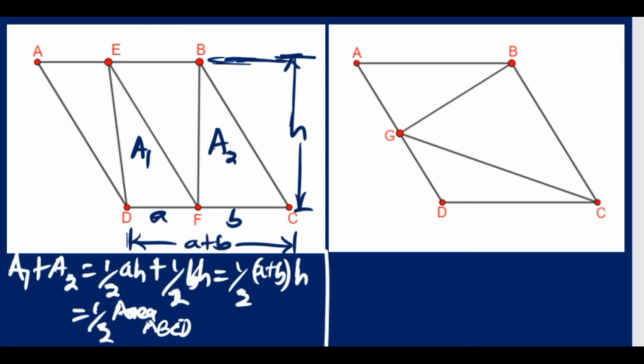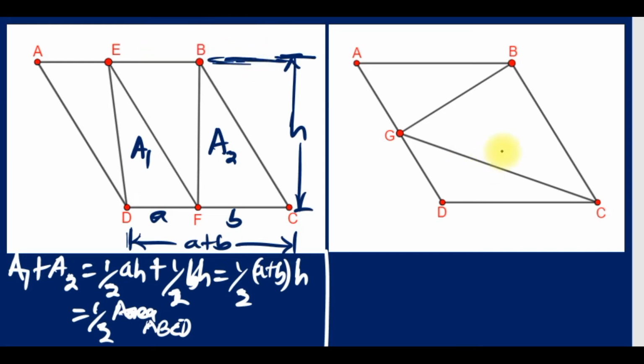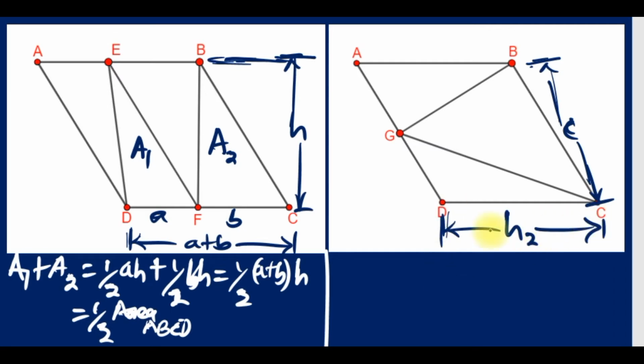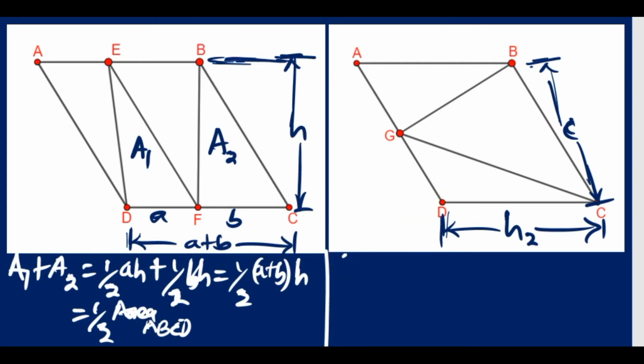So that's the first thing we'll have to know. Let's go over to this diagram too. If we call the side length of this C, and the height H2, that's our height, and the base is C. So we see the area of this triangle BGC, let's call it A3.